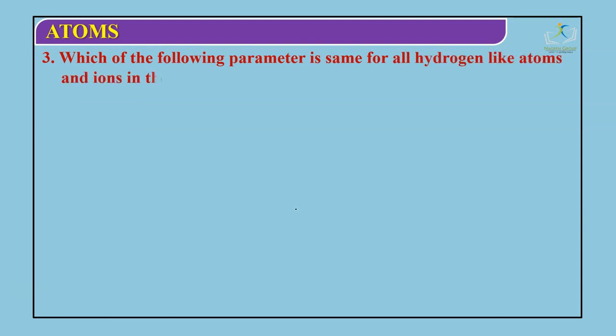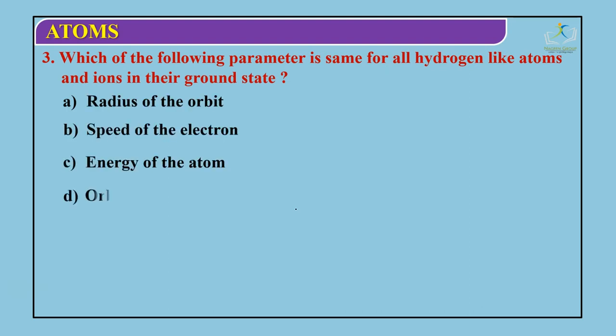The correct answer is h by mv. Which of the following parameters is the same for all hydrogen-like atoms and ions in their ground state: radius of the orbit, speed of the electron, energy of the atom, or orbital angular momentum of the electron? The correct answer is orbital angular momentum of the electron.